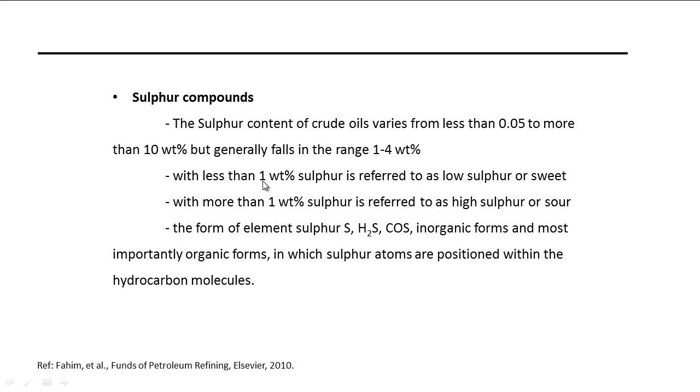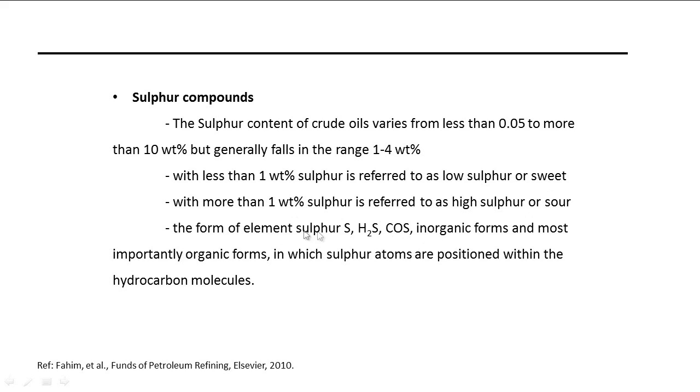If the crude oil contains sulfur less than 1% by weight, we can name that crude oil as the sweet one, or low sulfur crude oil, or sweet crude oil. And in case the sulfur content is higher than 1% by weight, that crude oil will be named a sour crude oil.